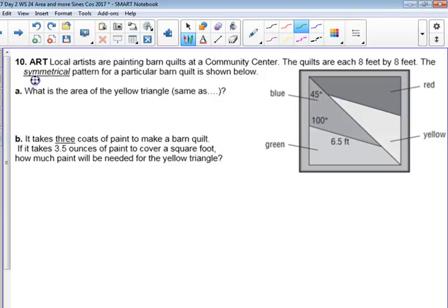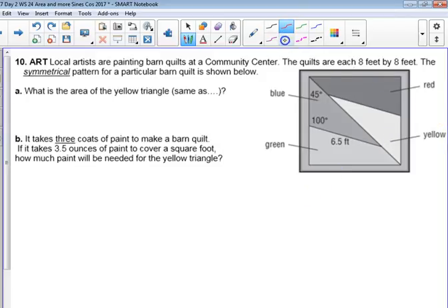This word is underlined and italicized for a reason. Okay? They paint on barnwood these quilt patterns. Sounds really pretty. Imagine a whole barn covered with paintings of quilted patterns. That'd be very cool. But they want us to find the area of the yellow.